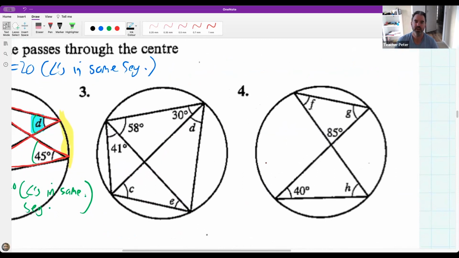And just to calm everyone down, because I know it's a lot there, we're looking for C, E, and D. But you can see that you have a cyclic quad, which has its 4 points like this. You have some angles they've given you, and I'll give you some time to work through that.